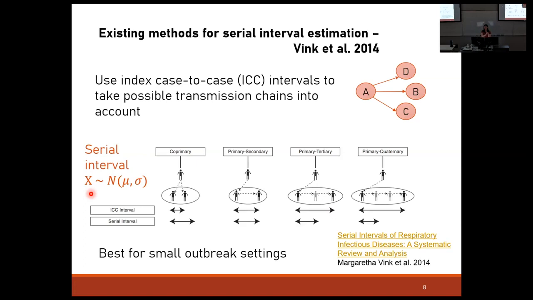Sorry, I've got it the wrong way around. Yes, so you can have negative serial intervals if the incubation period is highly variable, and then your infectee gets symptoms before your infector.